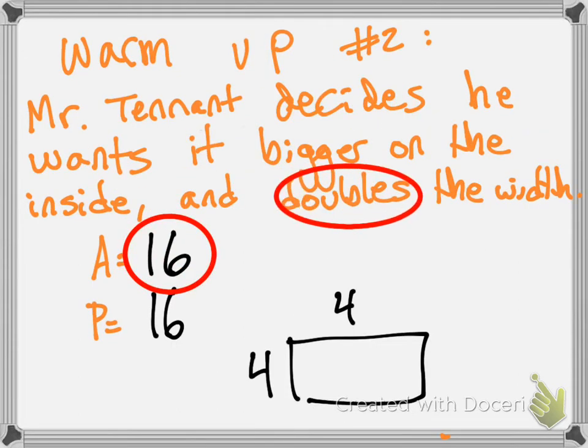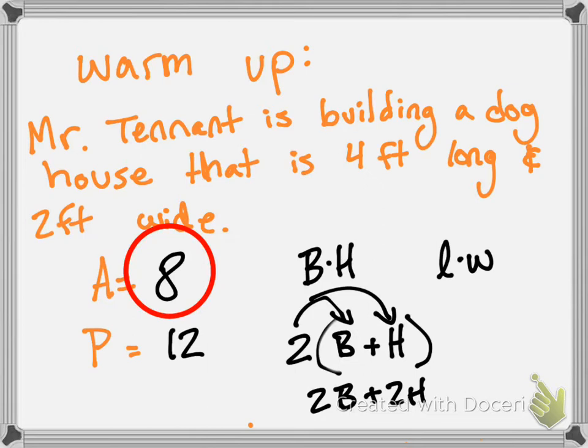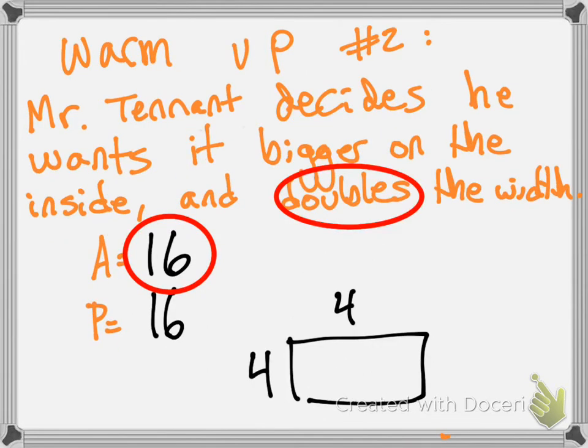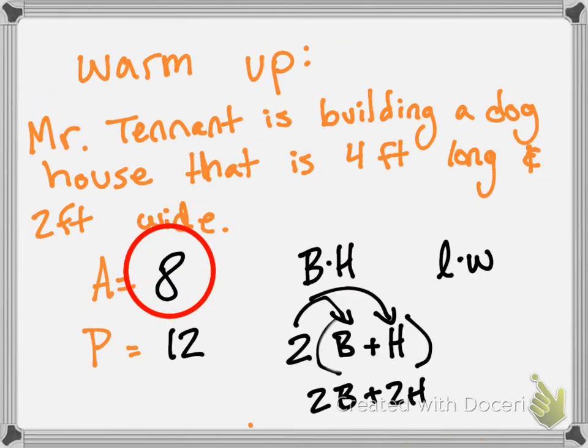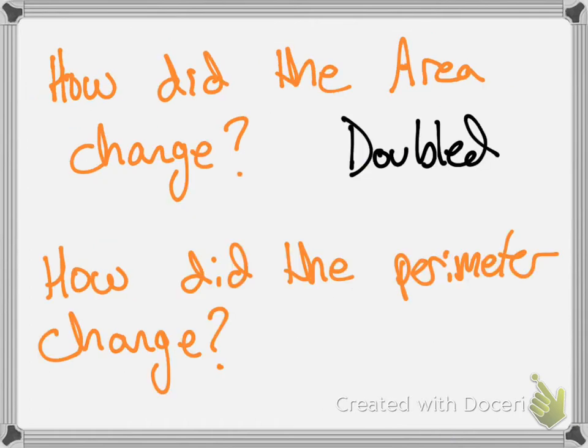The same way that we doubled the width, our area doubled. We doubled one of the sides, so our area doubled. As opposed to the perimeter, we got 4 bigger.